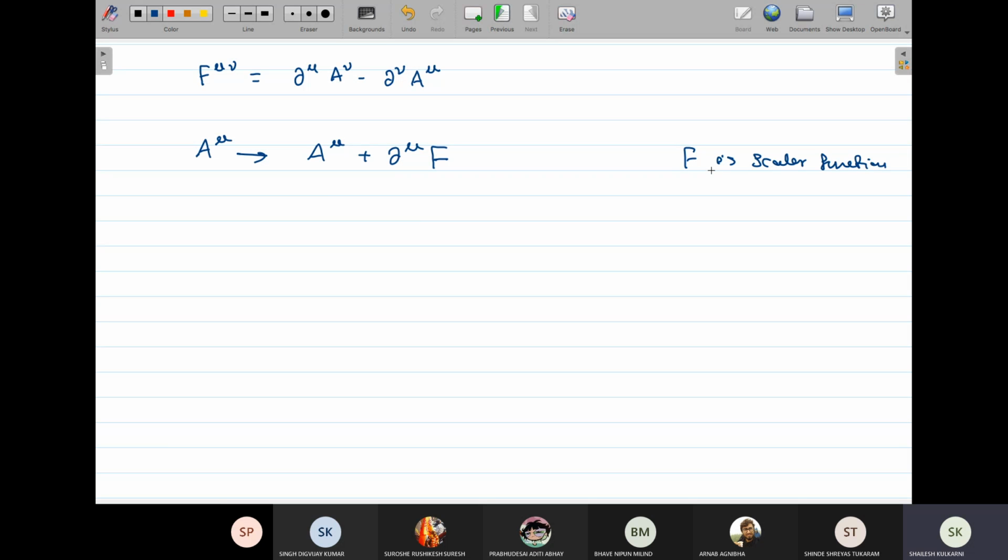F depends on x and t. So I consider this transformation: A_mu goes to A_mu plus del_mu F. So this is my new A_mu. This is not a Lorentz transformation. This is something else.